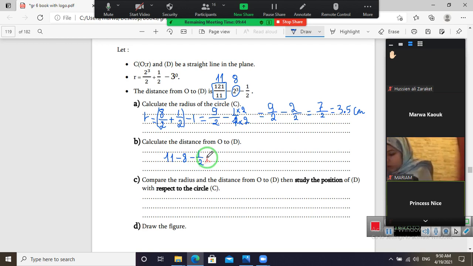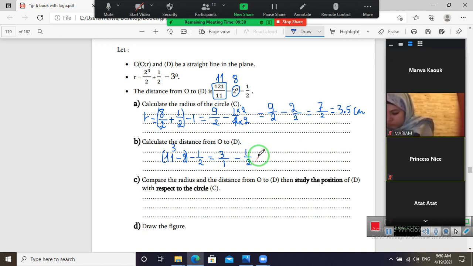I will take the first two numbers together. 11 minus 8 means 3. 3 over 1 minus 1 over 2. I should reduce to the same denominator. Times 2 times 2. It's 6 over 2 minus 1 over 2. It will be 5 over 2.